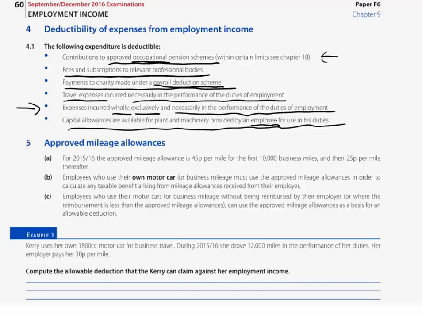But in the rare circumstance where, to perform his or her duties, the employee must buy their own plant and machinery, equipment there to use in that employment, then any such payments made for plant and machinery would qualify for capital allowances. But that has got to be a rarity.